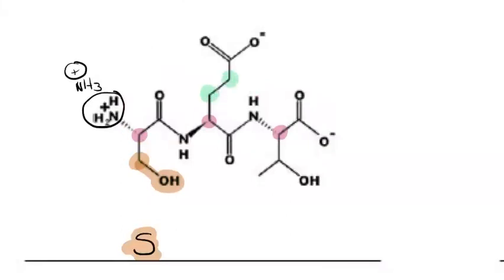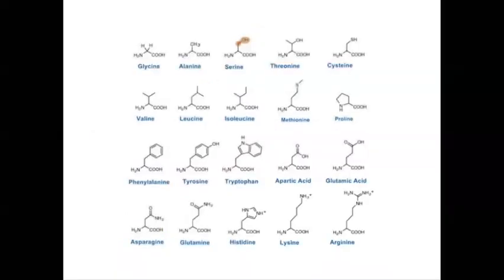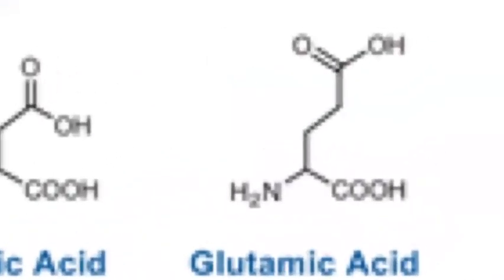CH2, CH2, C double bond O, O negative. Okay? So I go here and I'm like, okay. Overall, I need a CH2, CH2, and then I need a carboxylic acid. Oh, right here. CH2, CH2, C double bond O, OH.